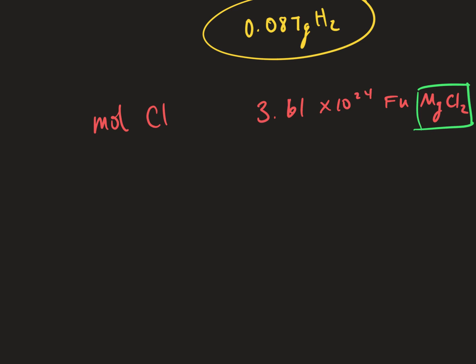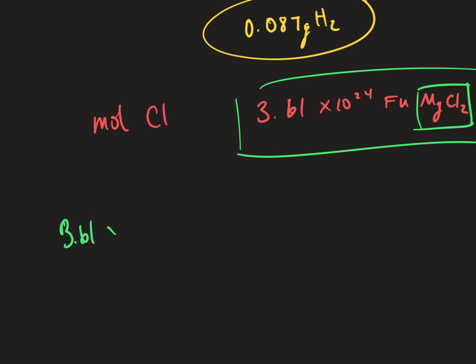Let's just start with what we know. We know this: 3.61 times 10 to the 24 formula units. Remember, that's just a particle of an ionic compound. You can use molecules if you want, but that's the actual name for it. Of magnesium chloride.